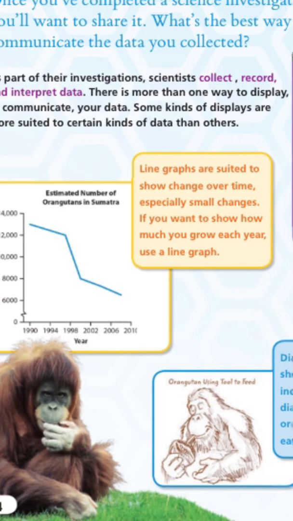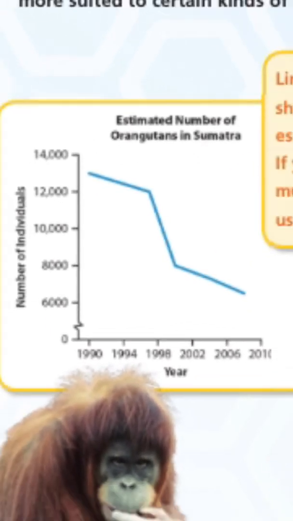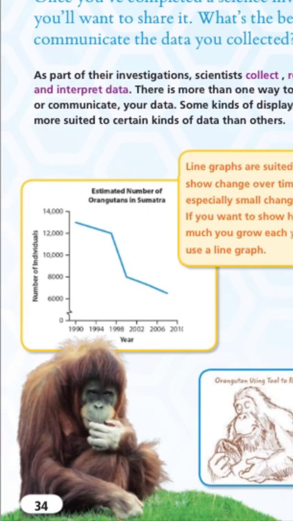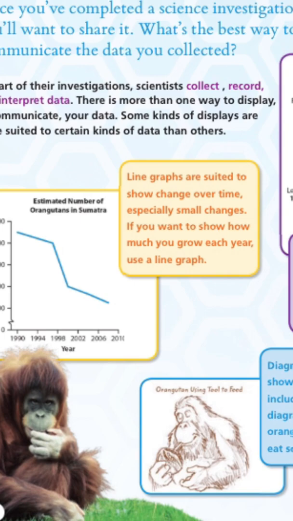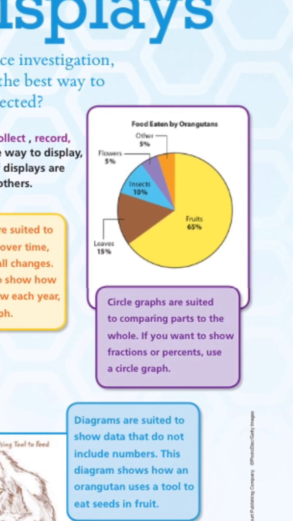Line graphs are suited to show change over time, especially small changes. If you want to show how much you grow each year, use the line graph. It's the best way to display your data if you want to know how much you grow each year.